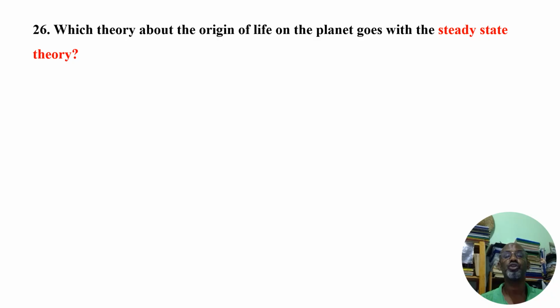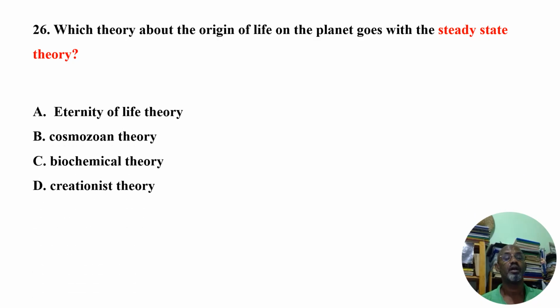Question number 23. Which theory about the origin of life on the planet goes with the steady state theory? Of course, this is the steady state theory. This correlates with the eternity of life theory as far as the origin of life is concerned.